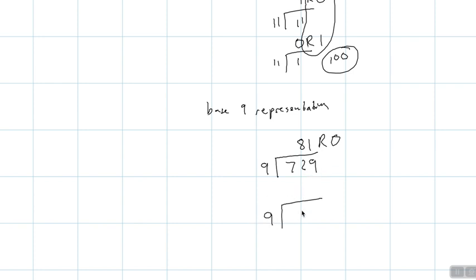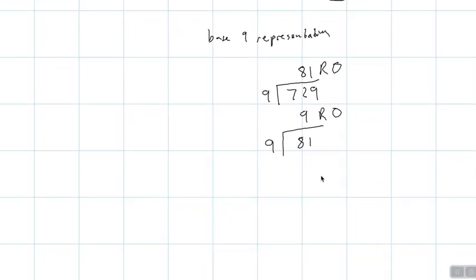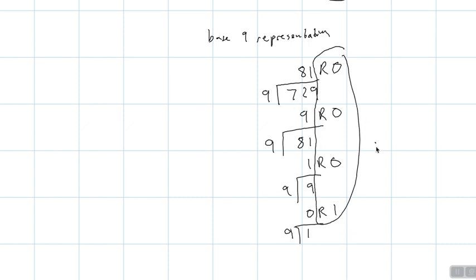So now we'll have 981, that's 9, remainder 0. And so the base 9 representation of 729 is 1,000.